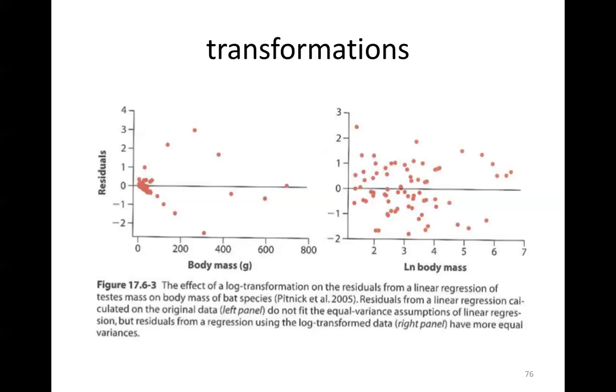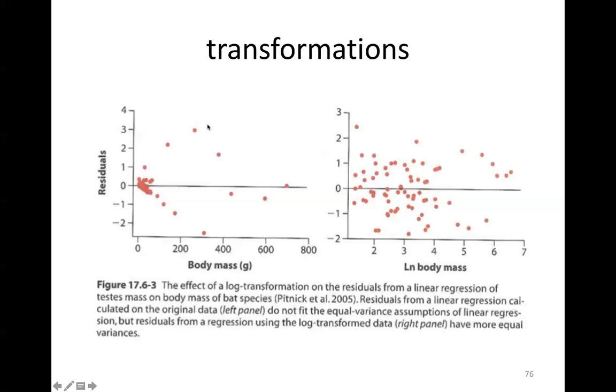Because the values are so different, when you just plot the original data one against the other, the data distributions are pretty non-linear. But if you log transform both sides, then you can get pretty linear relationships. And again, this is a regression performed on testis mass versus body mass, body mass being the explanatory variable, testis mass being the response.